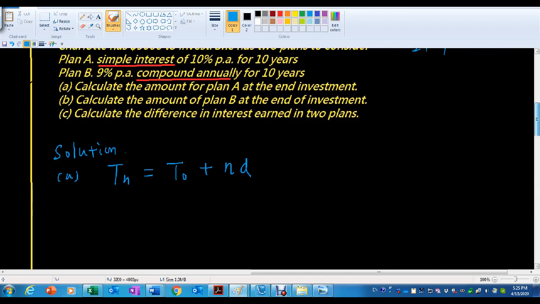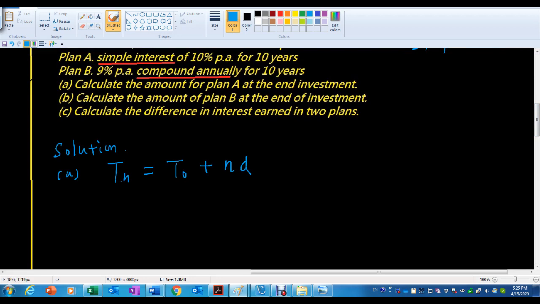We use this form, but you need to interpret it into the simple interest one. So that's just An. T0 would be the principal, and n is still n. How about d? d will be our interest, and interest is P times the interest rate.